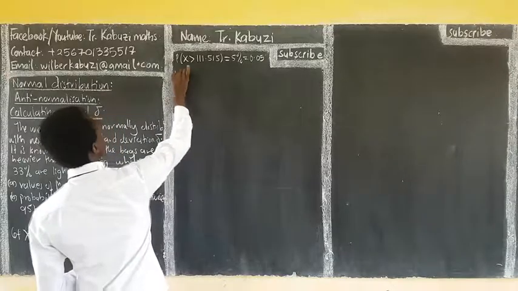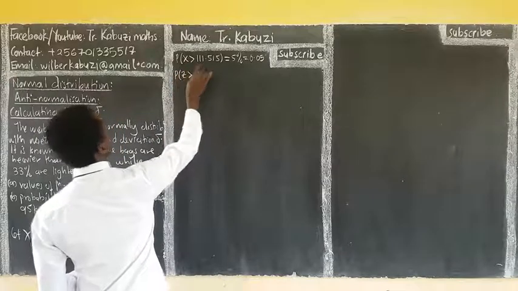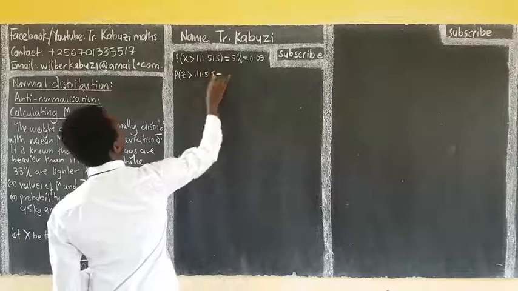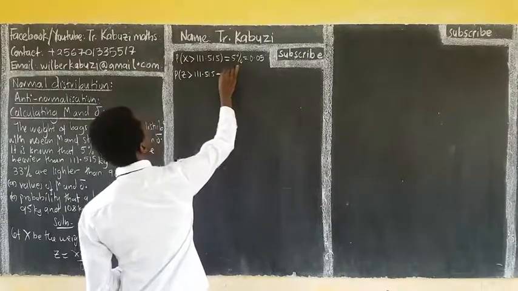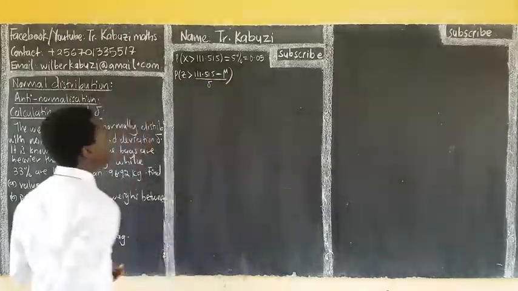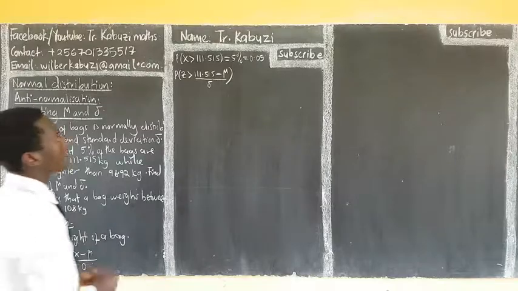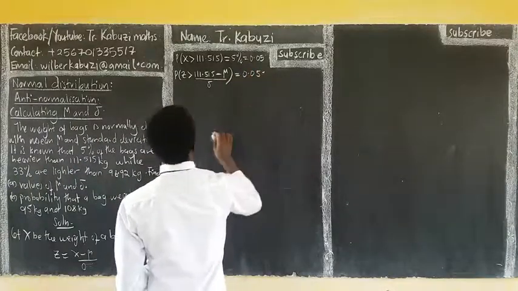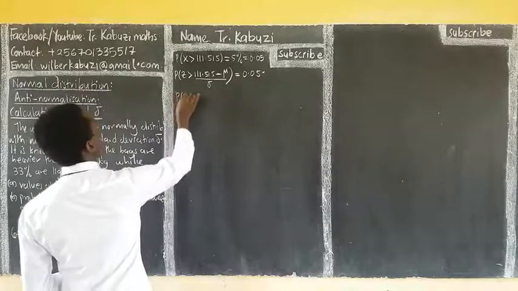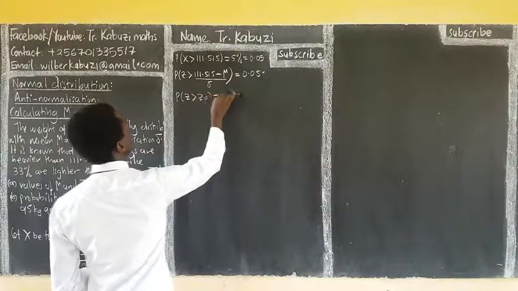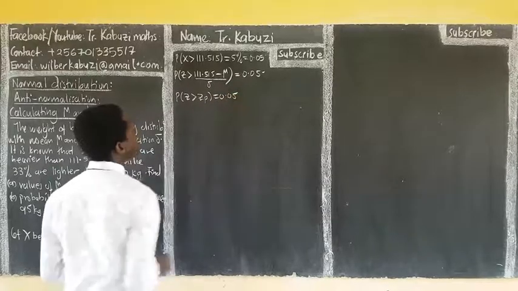This will now be the probability of Z greater than this minus the mean which we are looking for, over sigma. This is the formula that I'm using. The whole of this is equal to 0.05. Then it's the same as, now we look for this probability equaling 0.05.